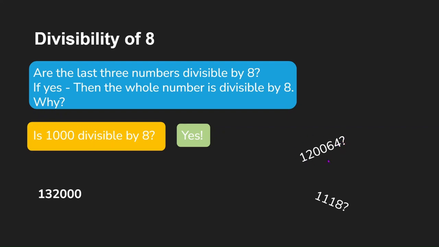So this whole thing would be divisible by 8 because 120,000 is divisible by 1,000, and then the 64 is divisible by 8. So 8 can divide this whole thing. What about this? 1,118. So we're going to ignore this. Is 118 divisible by 8? No, it is not. So this whole number is not divisible by 8.